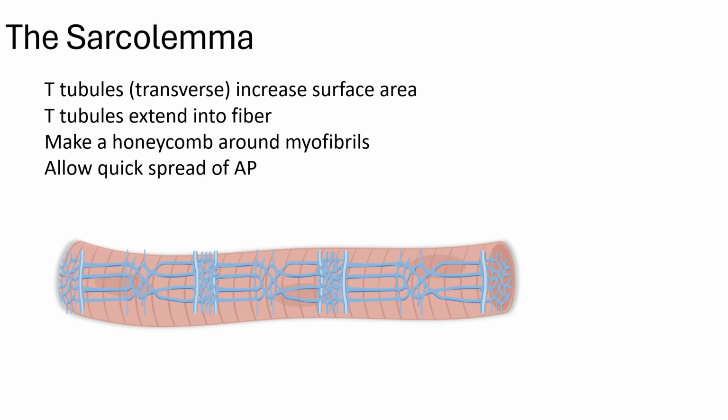There are tubes piercing through this sheet, and those tubes run completely through the muscle fiber's interior, connecting parts of the sarcolemma. These tubes are the light blue here on this picture. The darker blue is the sarcoplasmic reticulum. Basically, these tubes, which are also called T-tubules or transverse tubules, increase the surface area of the sarcolemma.